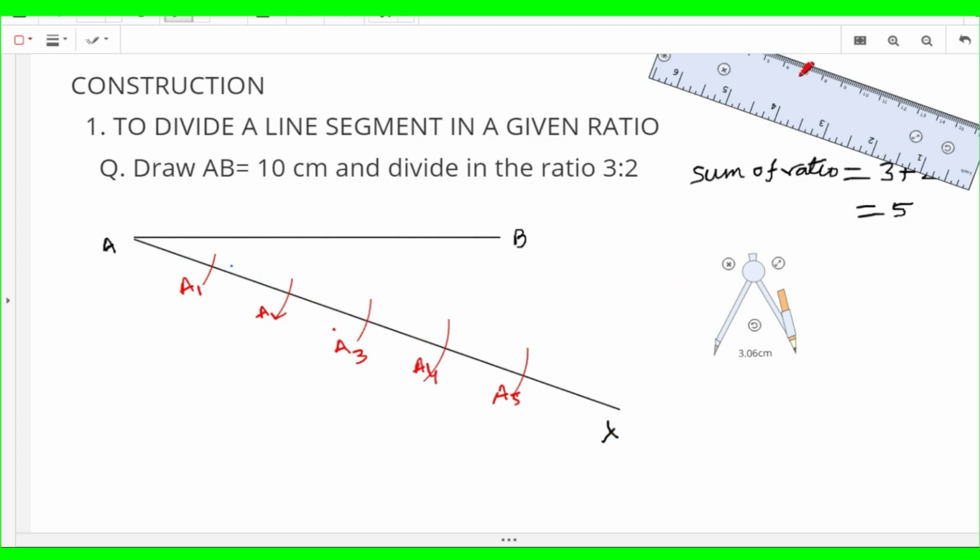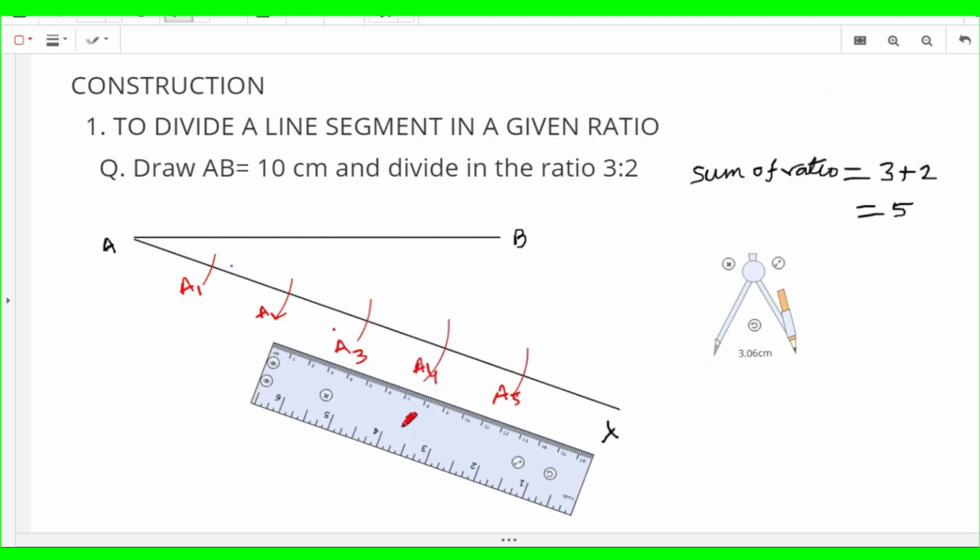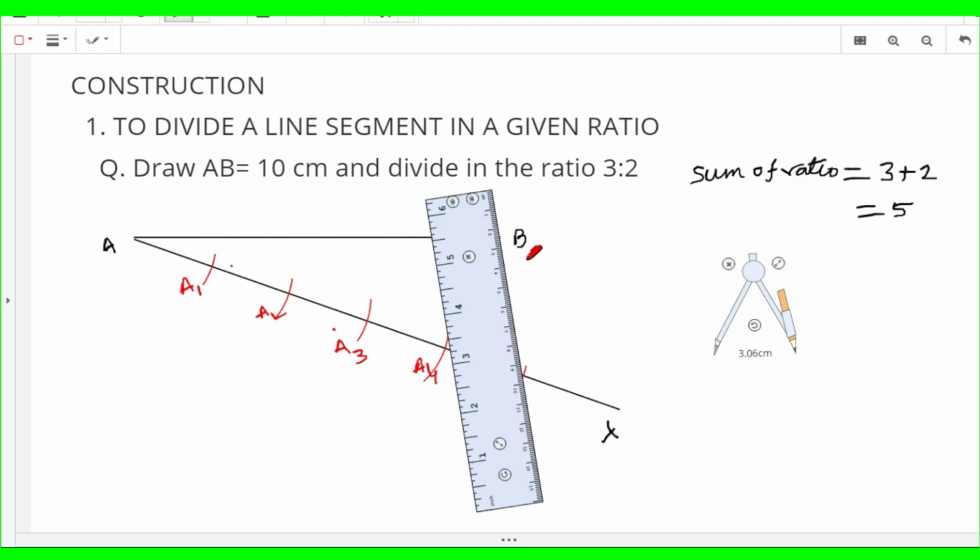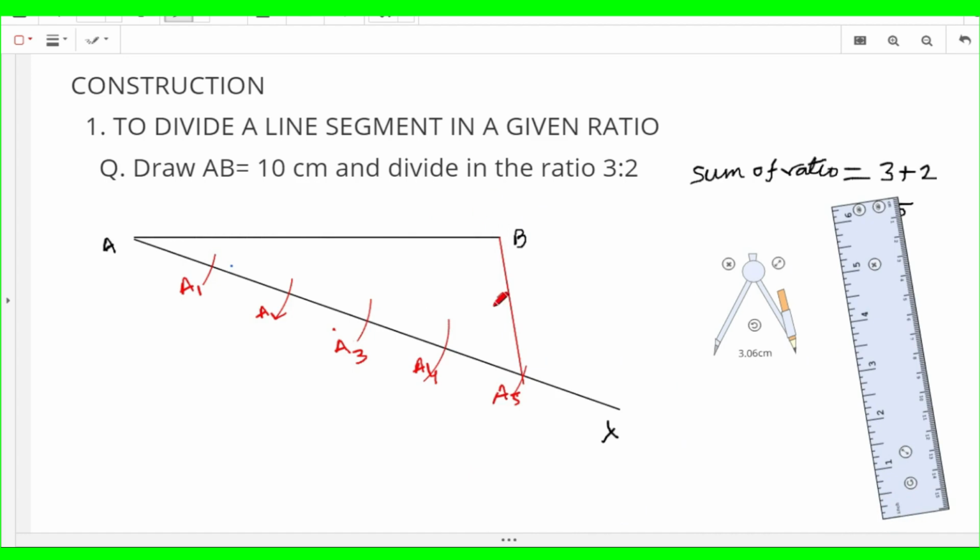Now using the ruler, join the end point B to the point A5. Okay, so this we have done.